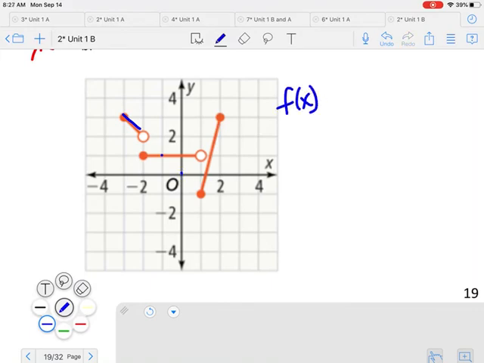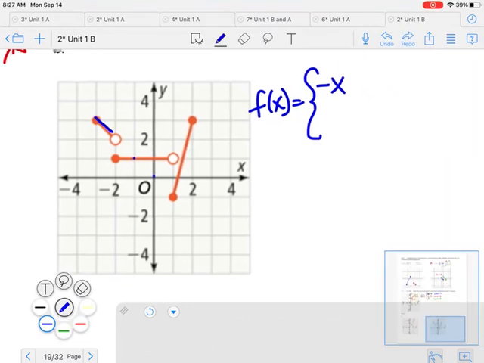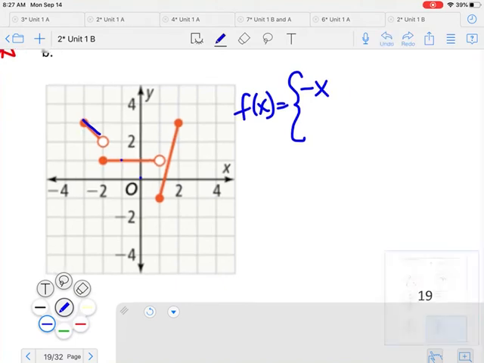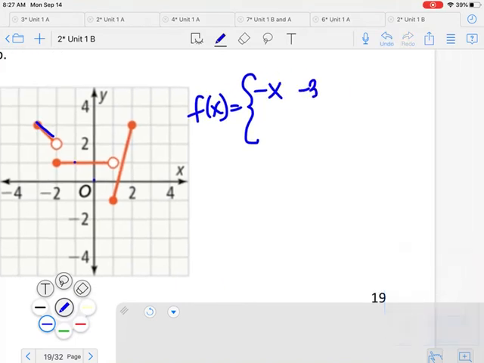F of x equals, so this is a negative slope, -1 slope, -x, and the y-intercept is +0. I could put +0 or just leave it off. And the domain is in between -3 with a closed circle and -2 with an open circle. So -3 is less than or equal to x, is less than -2.